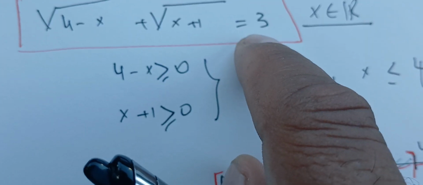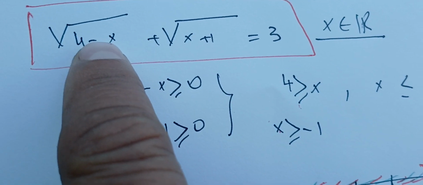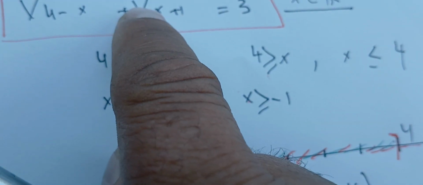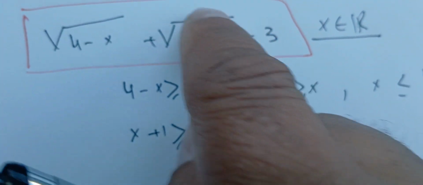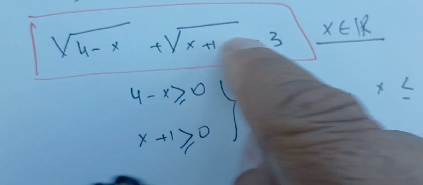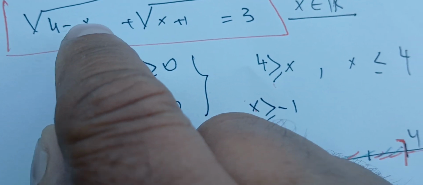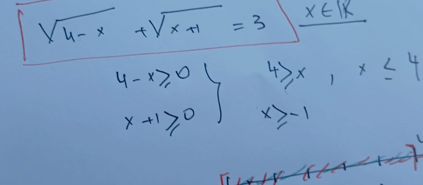Another thing is, notice that if you have x as 3, so 4 minus 3 is 1, square root of 1 is 1, plus square root of 3 plus 1, which is 4, which is 2. So 1 plus 2 is 3. So we found just by examining this equation that we have two solutions, 0 and 3. Are these two the only ones?